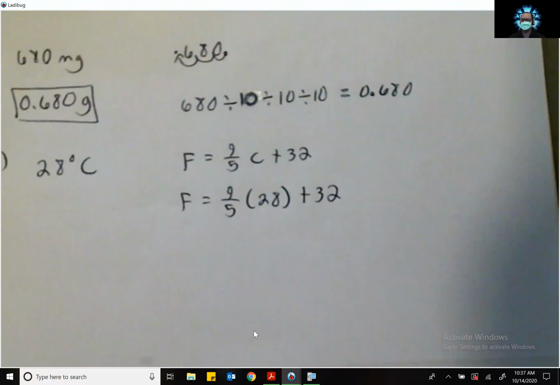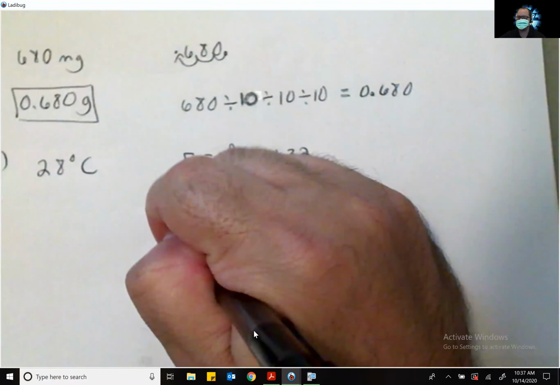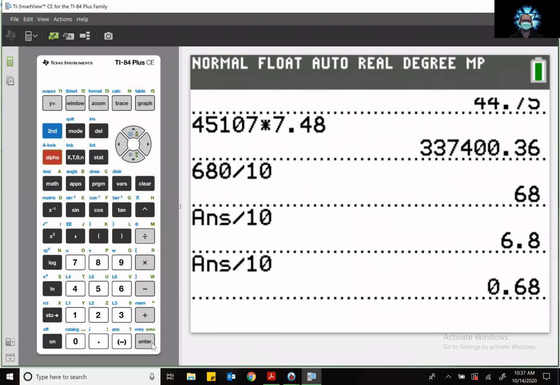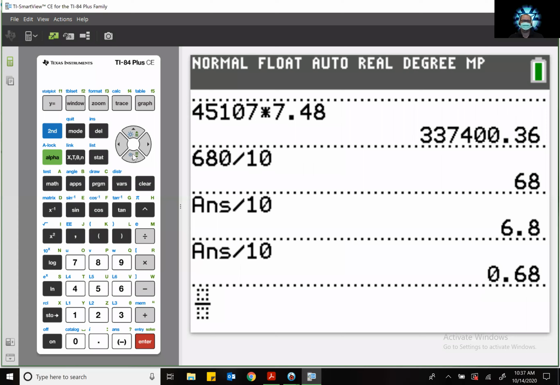Just let your calculator do the work for you. Put this in exactly the way you see it. So we go to our calculator. Alpha, Y equals, 9/5, parenthesis 28, close the parenthesis, plus 32.